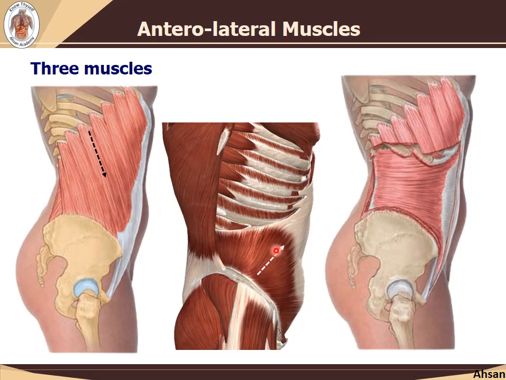This one is the internal oblique, and the fibers are directed opposite to that direction. In the third muscle, the fibers are directed transversely. So they are named on the direction of the fibers, and because of these counter directions of the muscles, they are very strong performers in the formation of the wall.